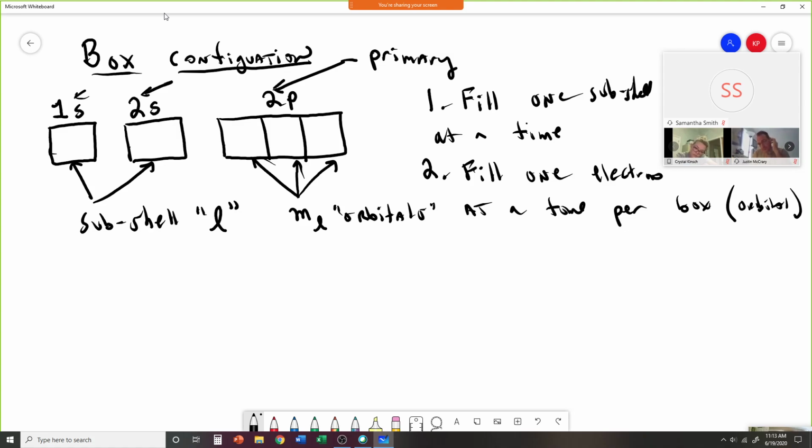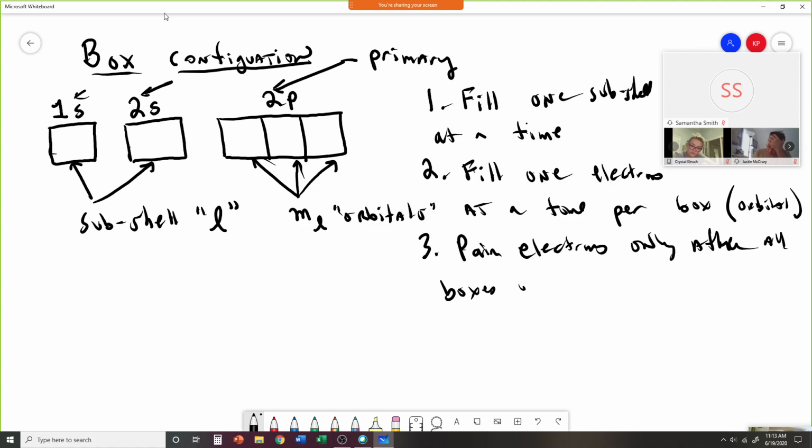Okay? And we're going to pair electrons only after all boxes in the sublevel are full. All boxes in the sublevel are full.